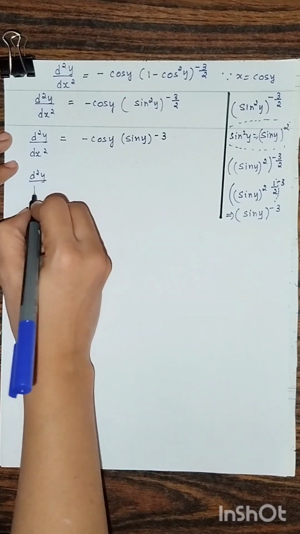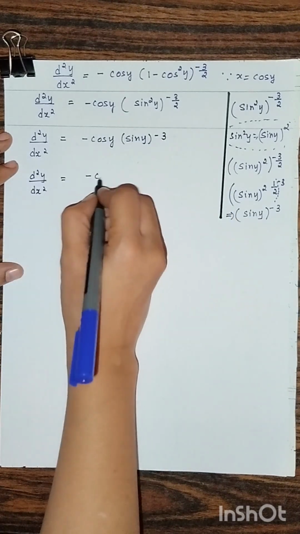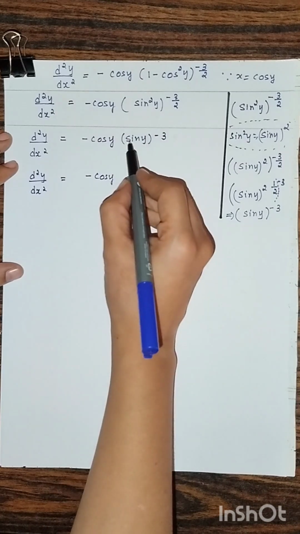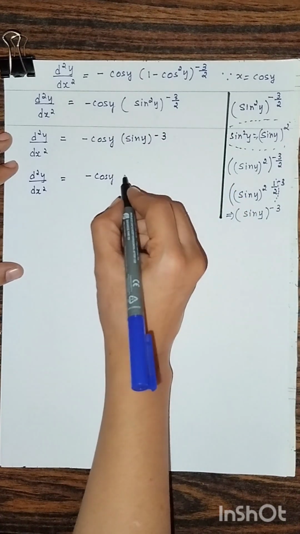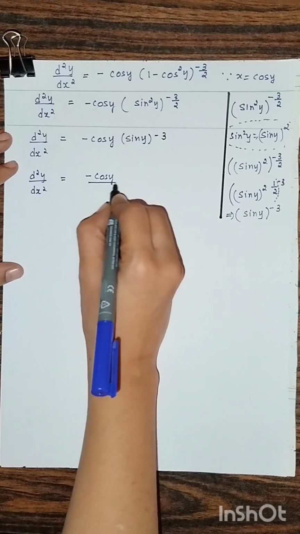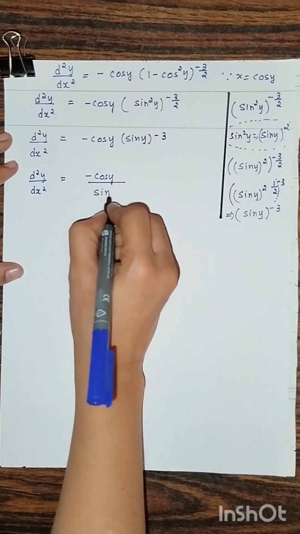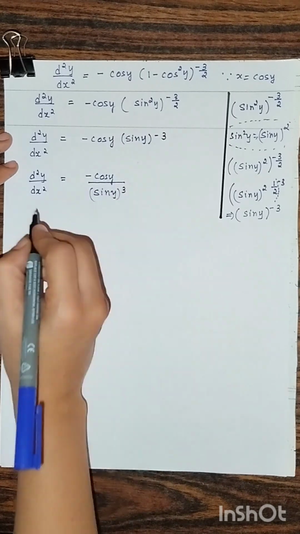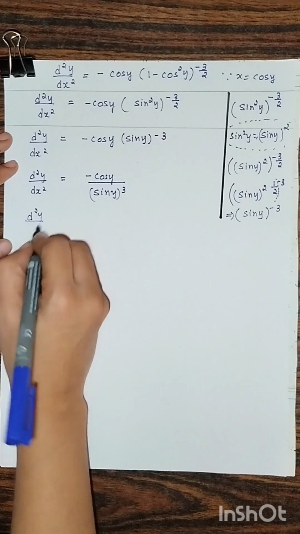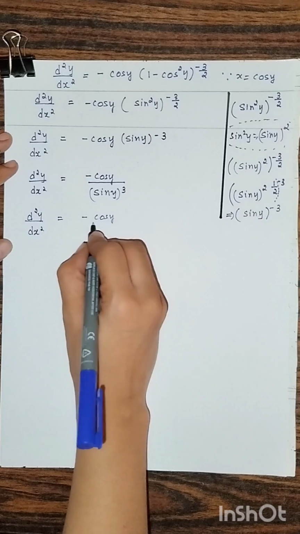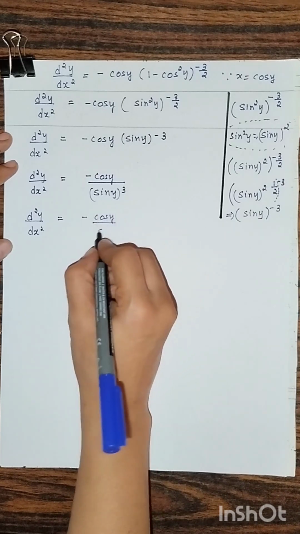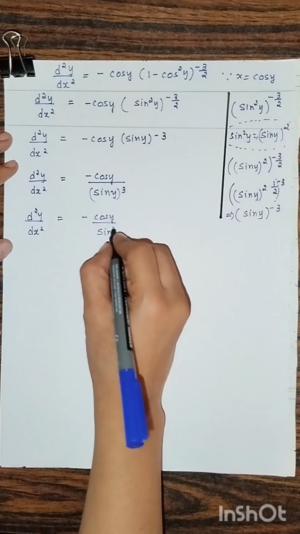Now d square y by dx square is equal to minus cos y, and sin y to the power minus 3 we can write in the bottom as sin y to the power 3. Now again d square y by dx square is minus cos y, and (sin y) the whole cube can be written as sin cube y.